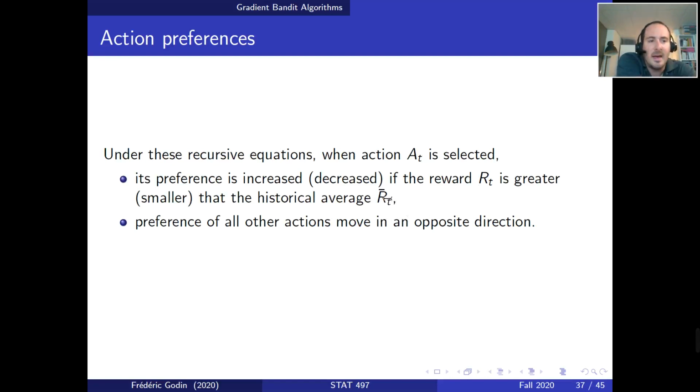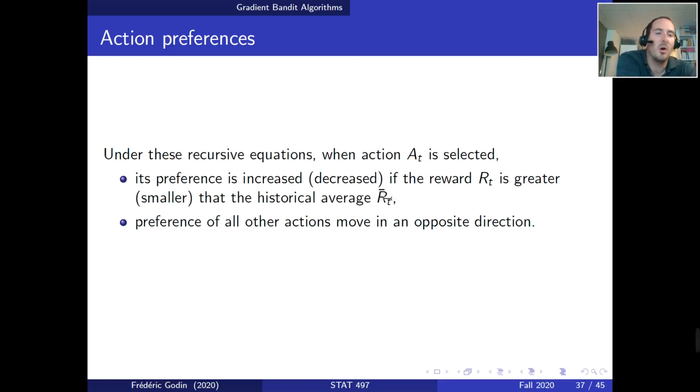Let's say historically you had rewards for which the average value was 5. Now you sample from action capital A_t, and for that action you have a reward of 10.